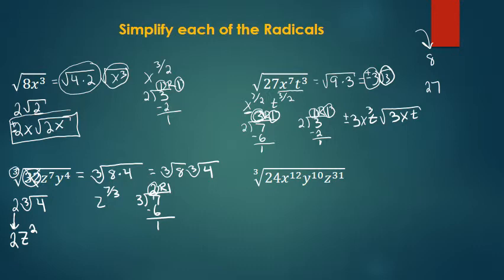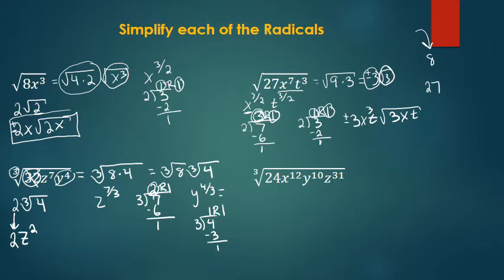I still have my y to figure out, which is y to the 4 over 3, which is the same as 3 into 4, goes in 1 time. 1 times 3 is 3, so I have a remainder of 1.